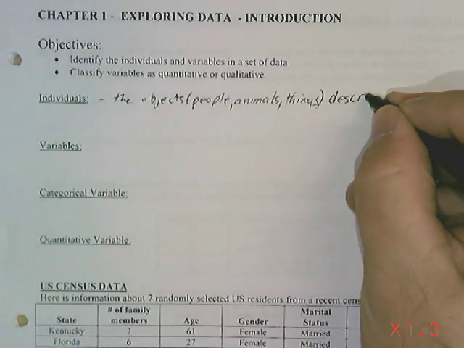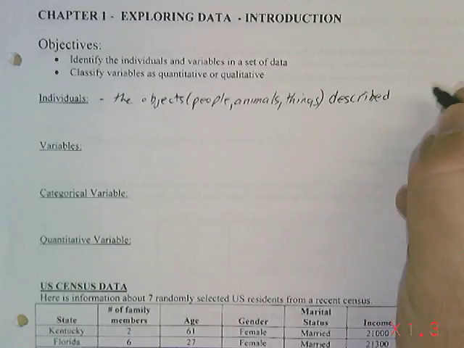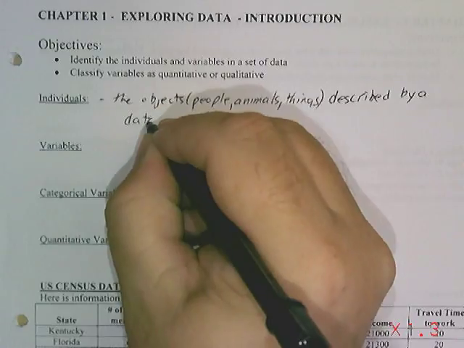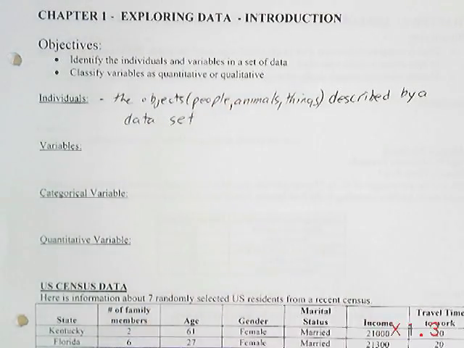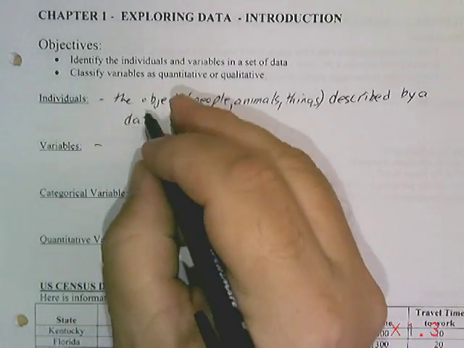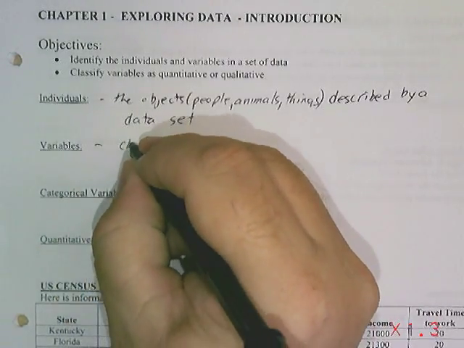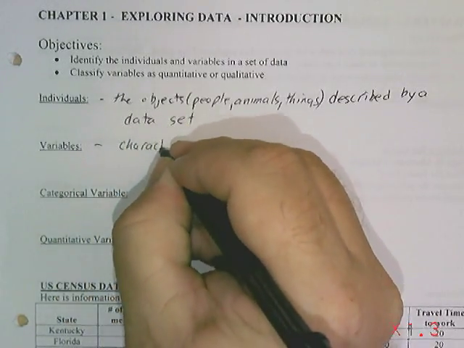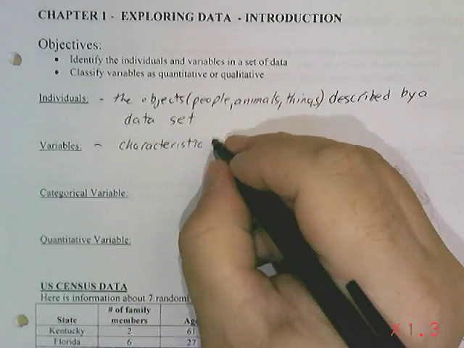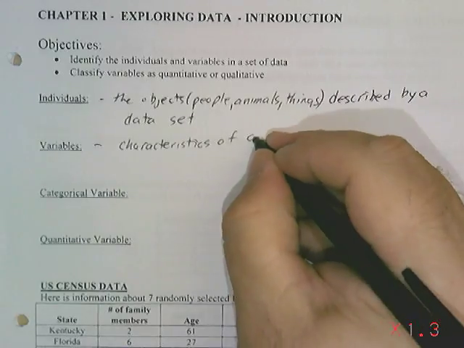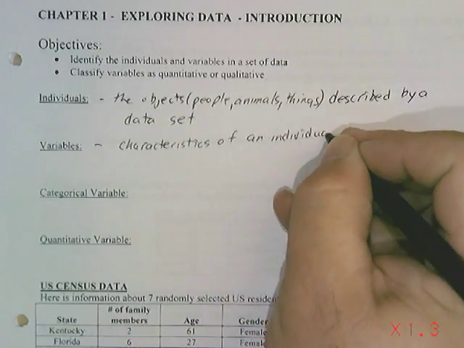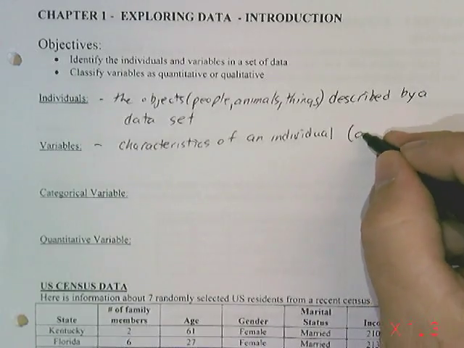Variables are characteristics, any characteristic of an individual. It could be age, it could be height, it could be speed, if you're talking about a roller coaster. It could be how steep the first hill in the roller coaster is. All of those things would be considered variables.